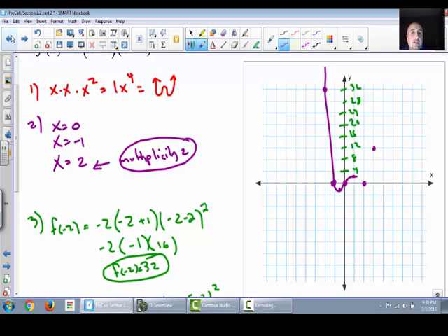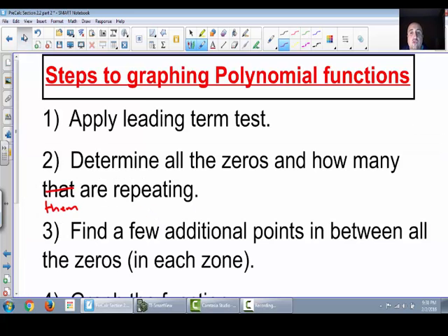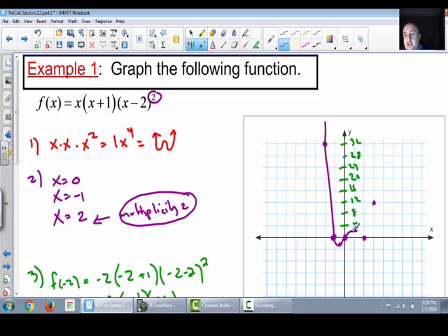If a zero c has an odd multiplicity, it crosses; we're at an even multiplicity because it's 2. So the graph of f is tangent to the x-axis at x equals c. It does not change signs. It just goes down, touches, and goes right back up.